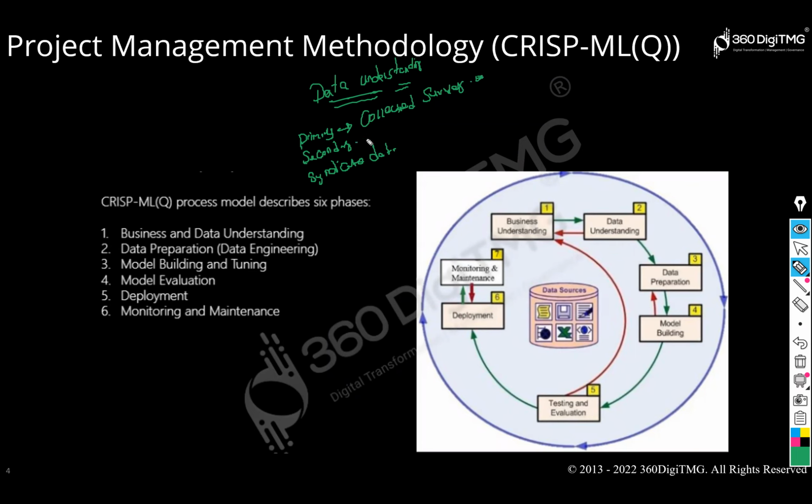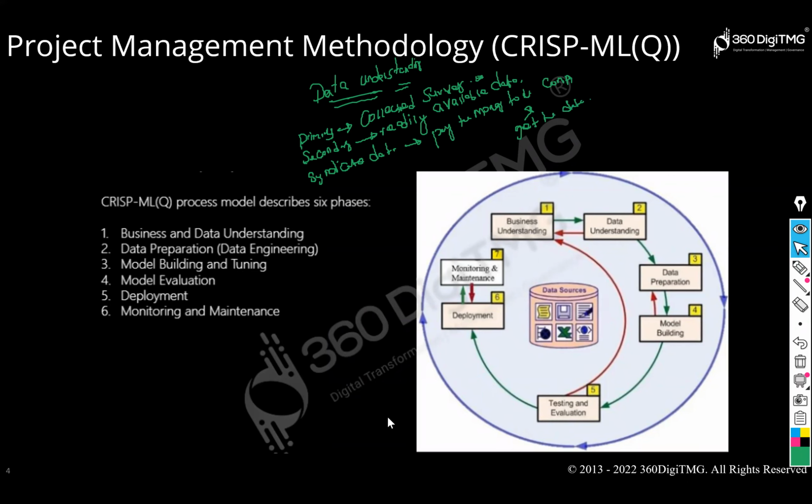Secondary data is readily available data. Syndicate data, you will pay money to the company and get the data. That is syndicate data.